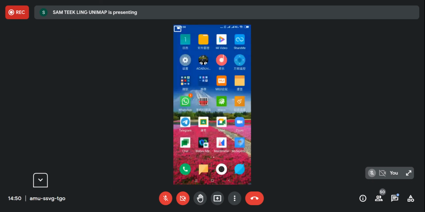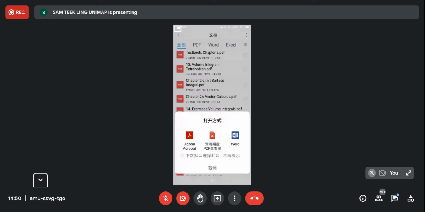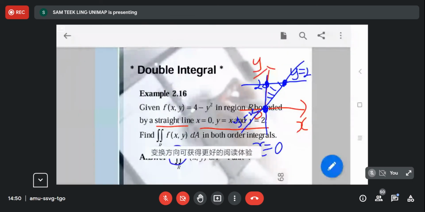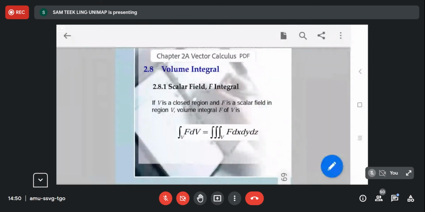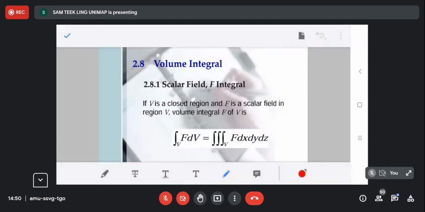Then we go to the volume. Volume is a triple integral. Sometimes they write dV, sometimes they write dx, dy, dz. You have three limits.